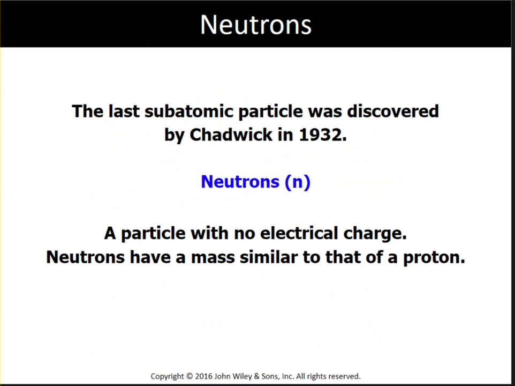Now, scientists also discovered another subatomic particle, which were the neutrons. Neutrons do not have any charge on them. Neutrons, no charge, they're neutral. However, they add up to the mass of the atom. So towards the end of this chapter, we talk about isotopes, and I show you how neutrons were discovered, where they exist, and how they add up to the mass of the atom.